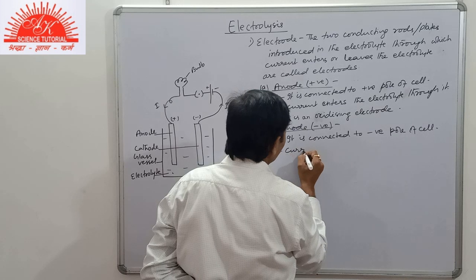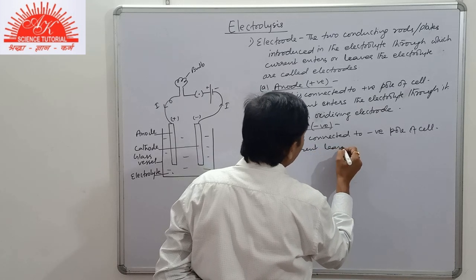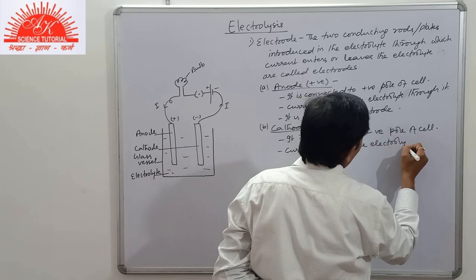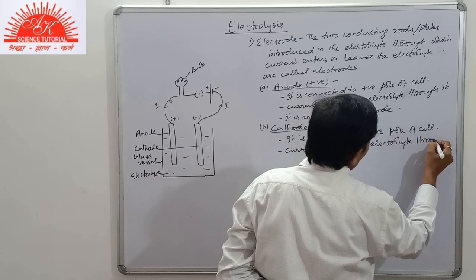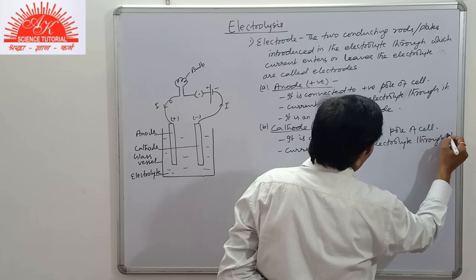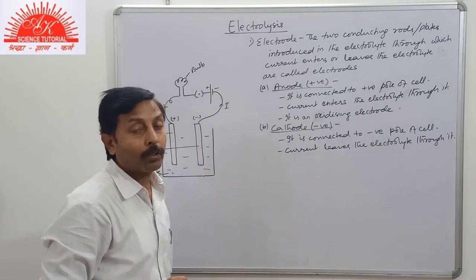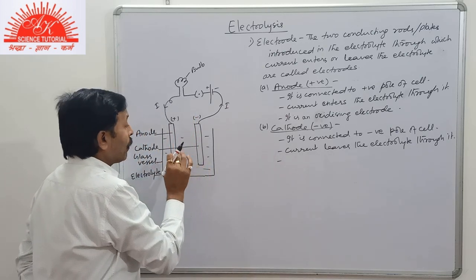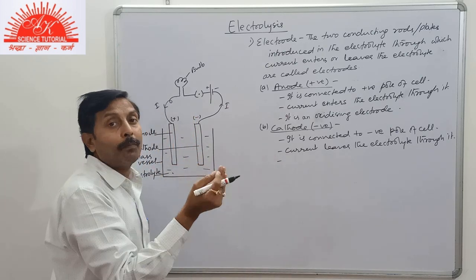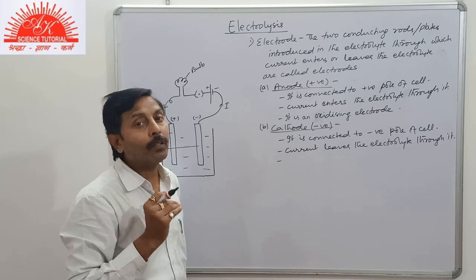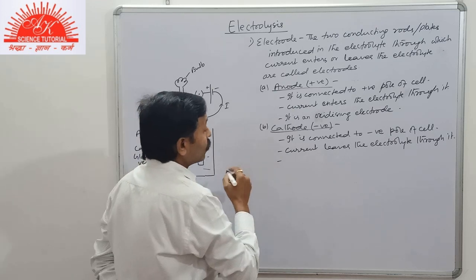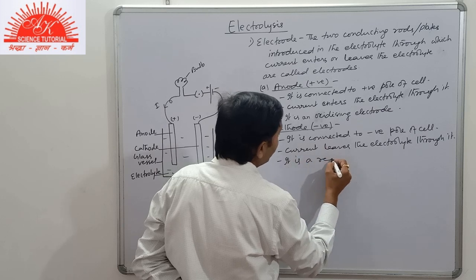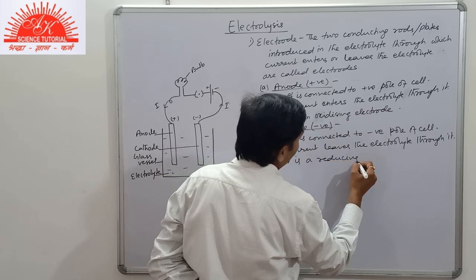So, current leaves the electrolyte through it. And lastly, the cations migrate to cathode and by accepting electrons become neutral. That is the reduction. So here it is a reducing electrode.